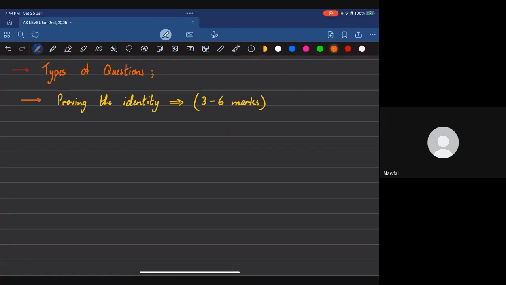Secondly, he asks you to solve the identity. Whatever he has told you to prove, now he's going to solve the identity, which is in fact technically a trigonometric equation.